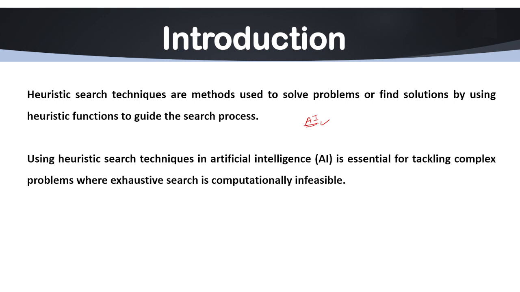Where any traditional methods seem to be inefficient or infeasible, then definitely we should go for heuristic search techniques in AI. This method is good enough to find a good solution in a reasonable amount of time, especially for problems with large search spaces or real time constraints. Then we definitely use heuristic search algorithms.